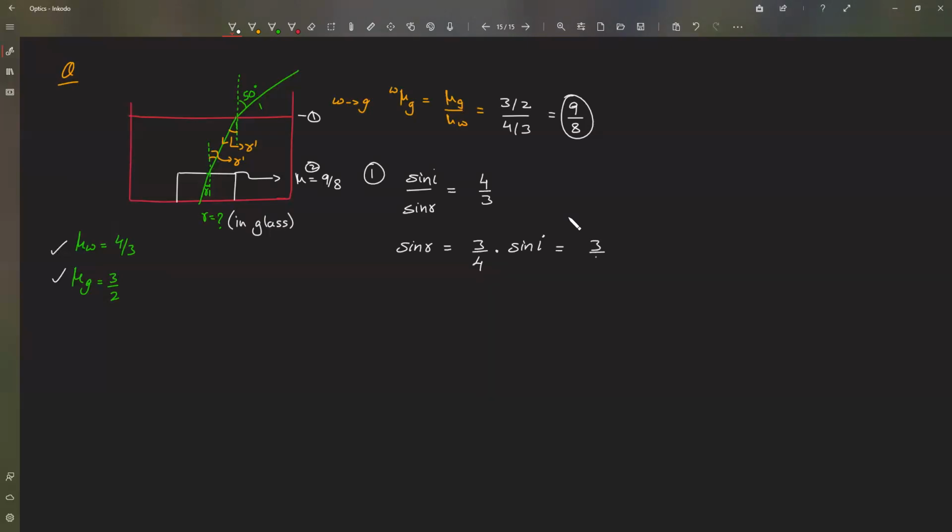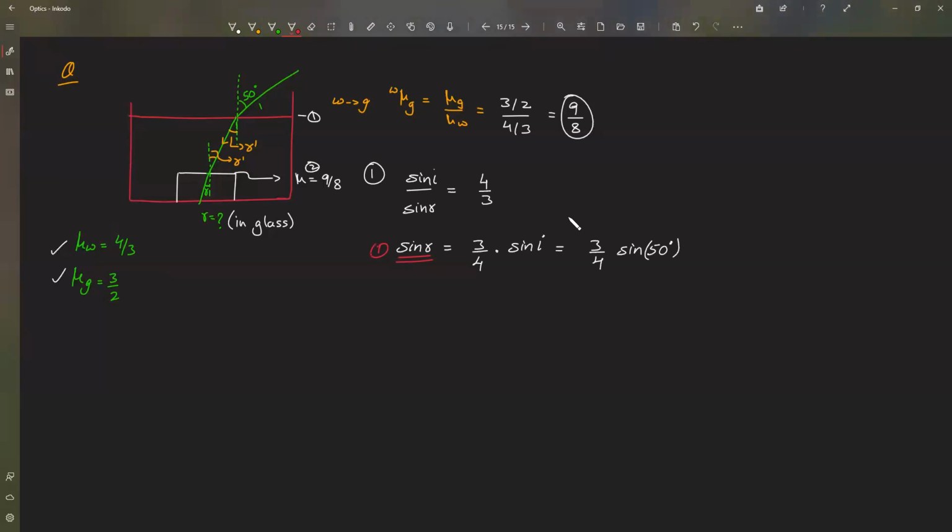So that is nothing but 3 by 4 sine 50 degree. Leave it as it is. Oh, that is 3 by 4, sorry, my bad. Sorry, this is sine R. Now that is sine R. After that, what we have to find?